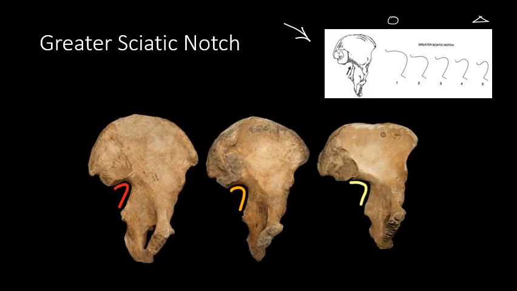Okay, 1 through 5. I'm going to label these innominate bones A, B, and of course C. And I'll give you a second to rate each of these as we go along. So as a reminder, you're looking at the area here highlighted in red for letter A. Go ahead and rate it on that scale from 1 to 5.